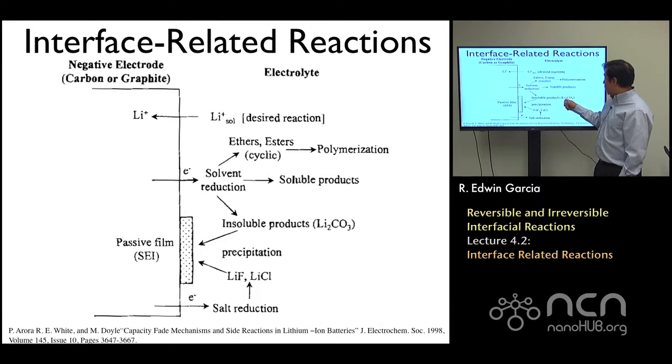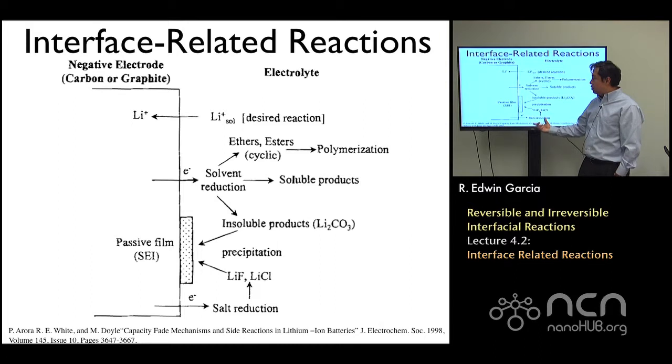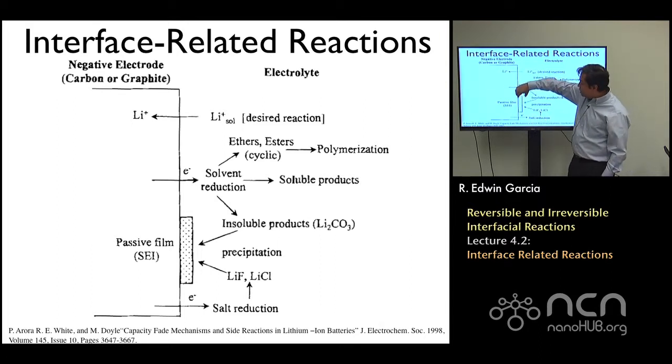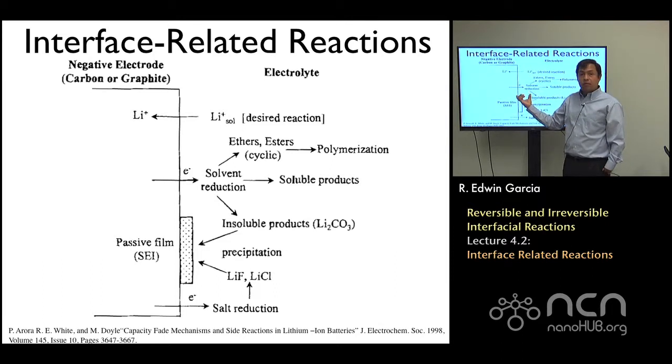For example, this Li2CO3, this lithium carbonate, actually forms also at the interface, as well as products with the salts themselves, forming with this a passive thick layer. Think of it as a crust of several nanometers that actually forms right at the interface.